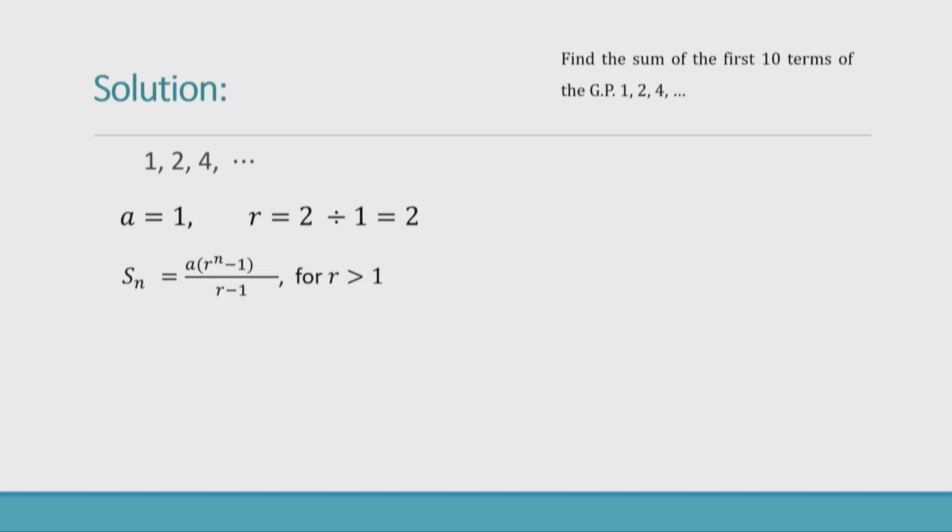I need to find S10. So I will use this formula to find the sum of the first 10 terms since R is greater than 1. Replacing the values, I get S10 equal to 1 into 2 to the power of 10 minus 1 divided by 2 minus 1, which is equal to 1023.